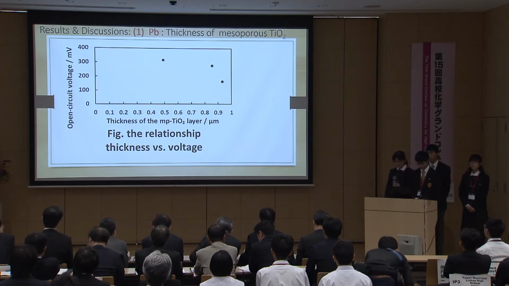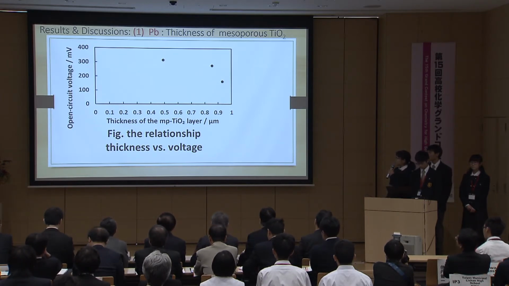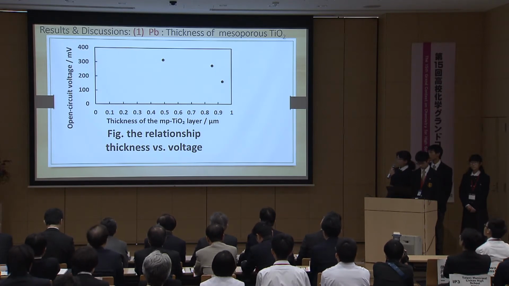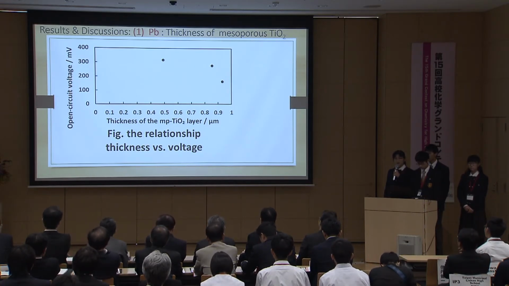Next, result and discussion. First, horizontal axis is thickness of the mesoporous TiO2 layer, and vertical axis is voltage. We control the thickness of the mesoporous TiO2 layer. The thinner one has higher voltage.